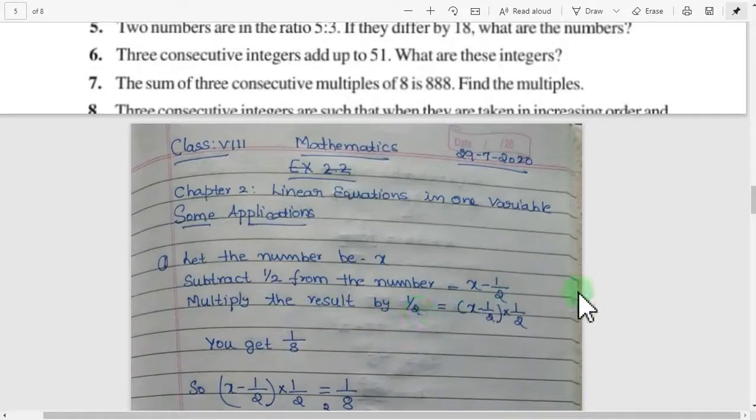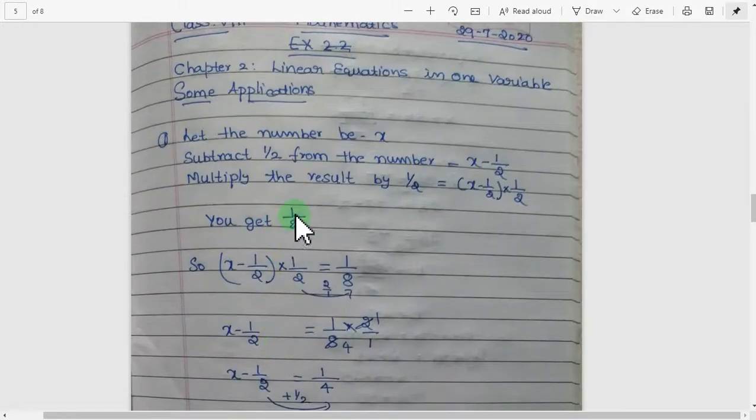Multiply the result by half again. You get 1/8, which means equal to 1/8. The answer will be 1/8. Then as usual simplification.